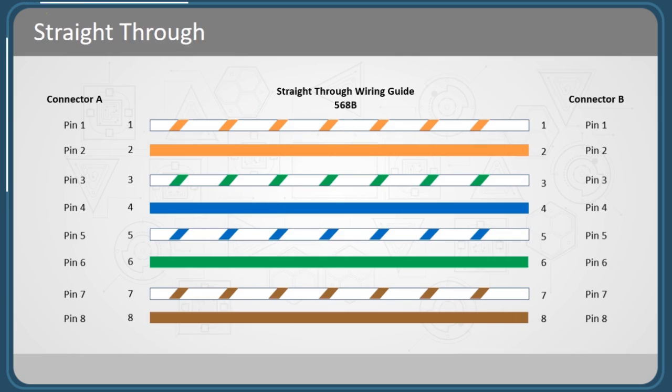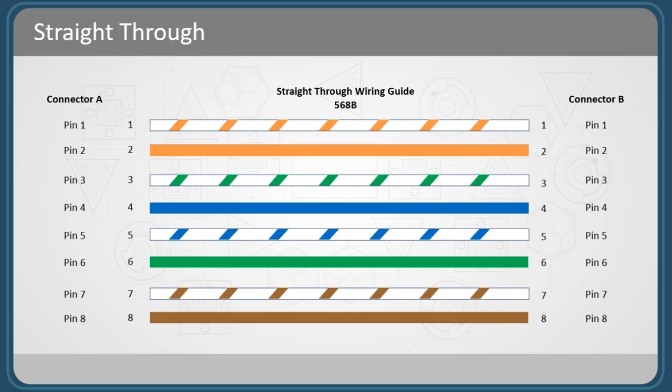Now, the first example of which 2 devices are sitting on either end is the straight-through cable. So this is 568B, and a straight-through, for all intents and purposes, can be thought of as a standard cable, a normal, regular Ethernet cable, if you will, and it's used to connect a computer on one side to a central connection device, such as a switch or a hub.